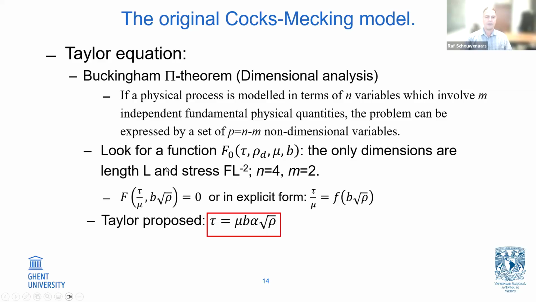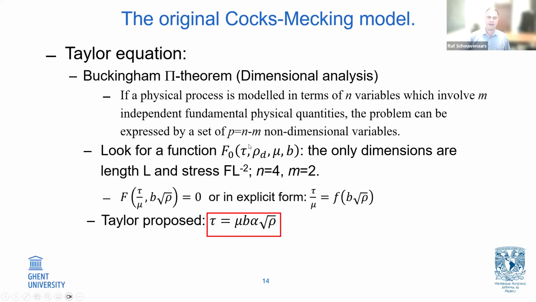So, for the Taylor equation in its original form, we have to go back to dimensional analysis, which tells us that if a physical process is modeled in terms of n variables, which involve m independent fundamental physical quantities, dimensions, the problem can be expressed by a set of p equal to n minus m non-dimensional variables.